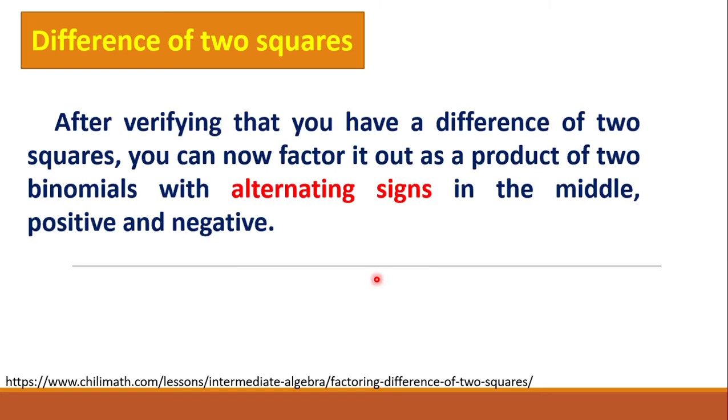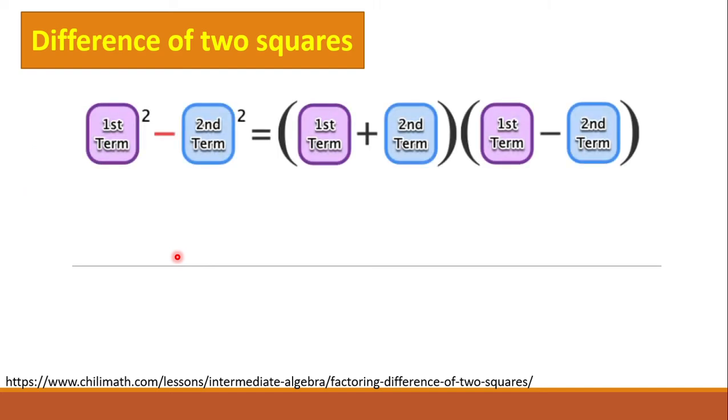So after verifying that you have a difference of two squares, you can now factor it out as a product of two binomials with alternating signs in the middle, positive or negative, di ba? Depende. So, positive, negative.